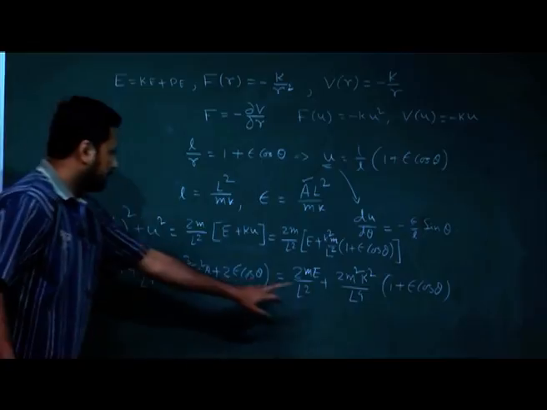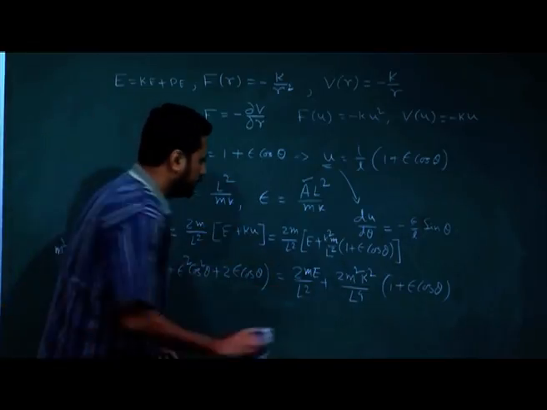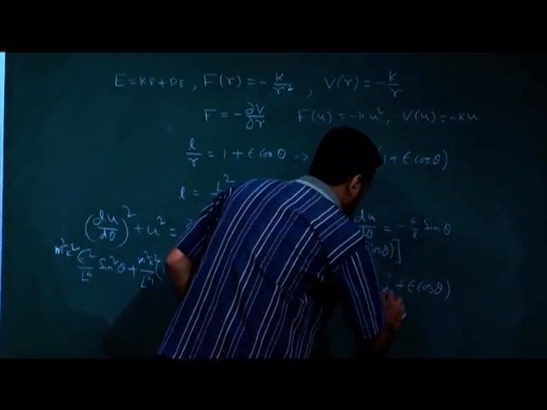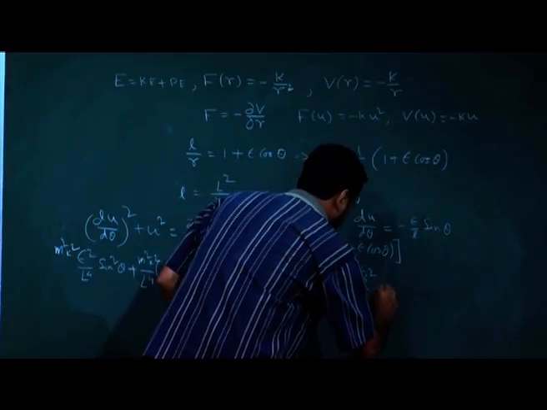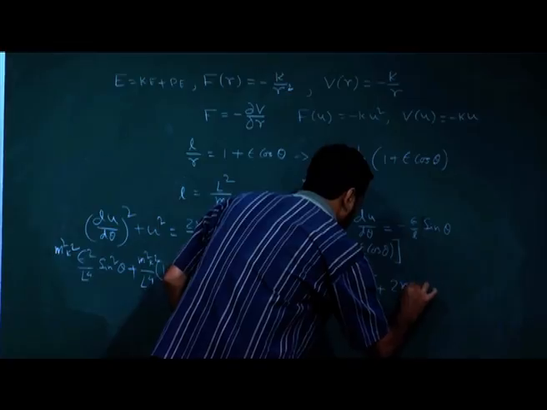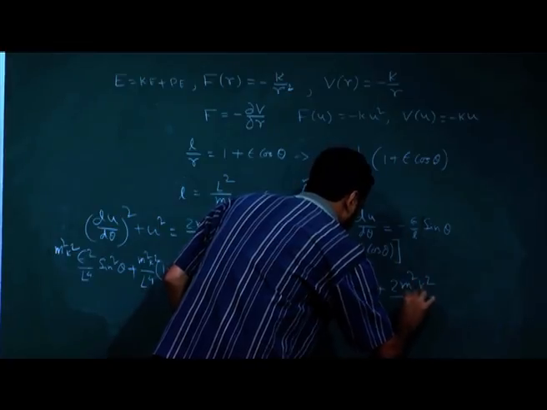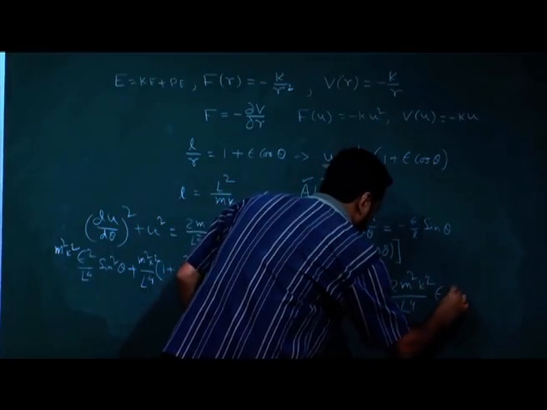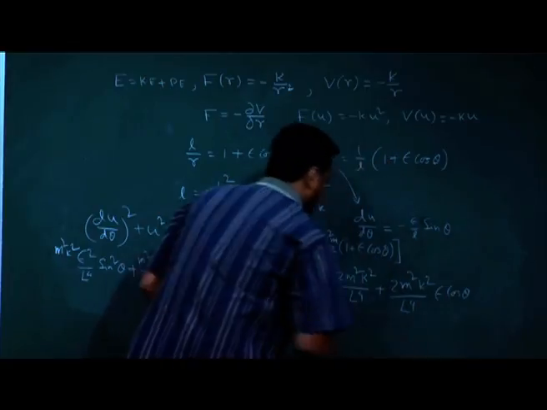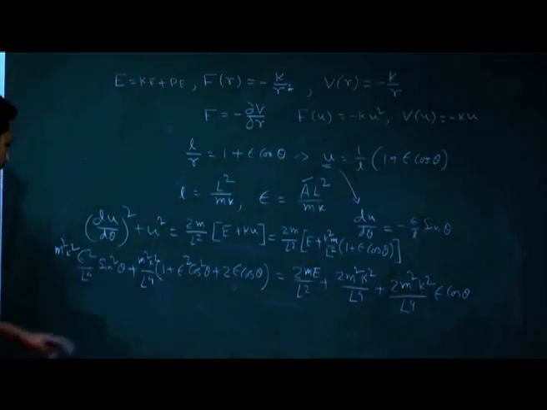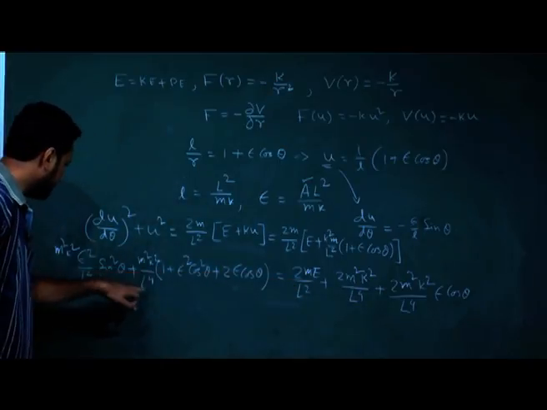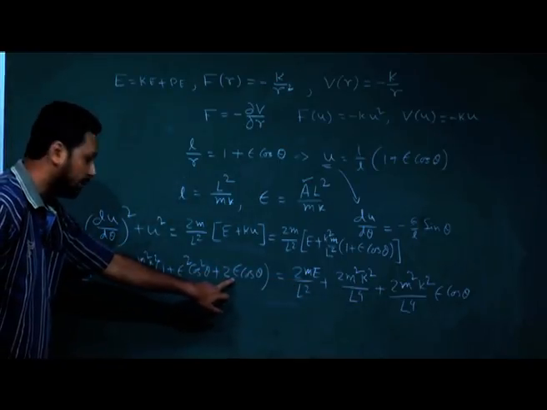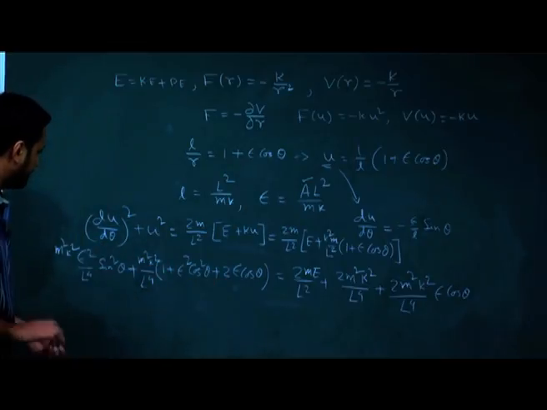Now, look at the second term. There will be one term here, plus the same term 2 m square k square by L to the power 4 epsilon cos theta. You see this cos theta term, 2 m square k square by L to the power 4 into epsilon cos theta, will cancel from both sides.